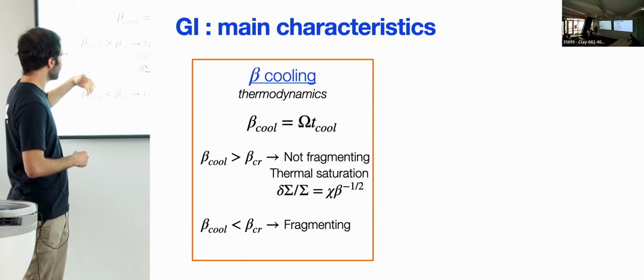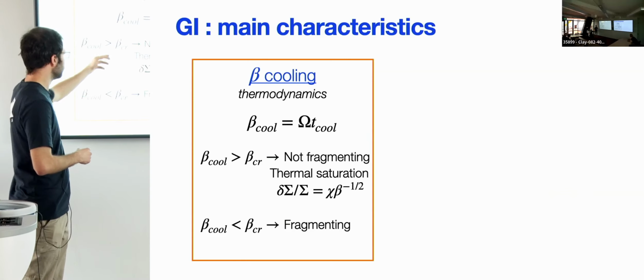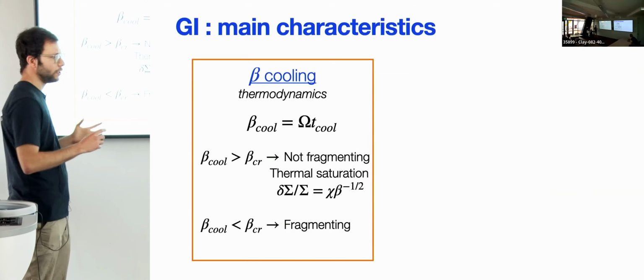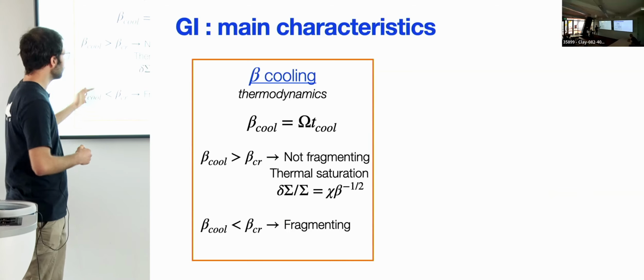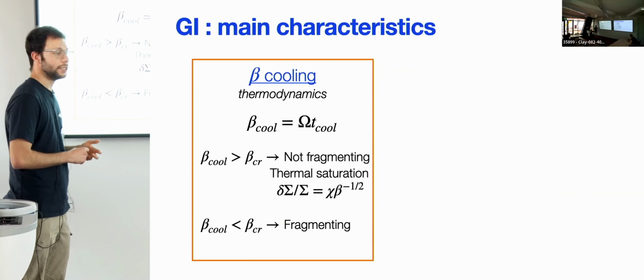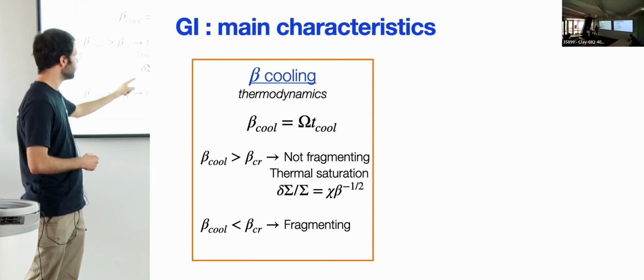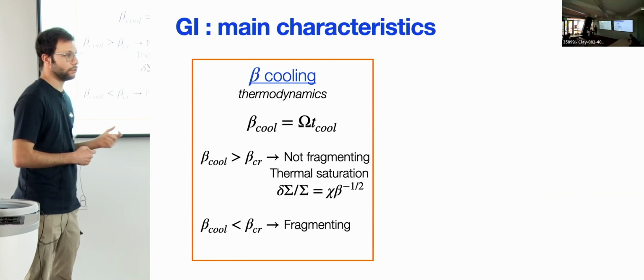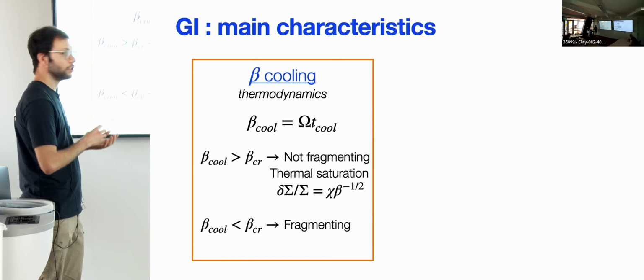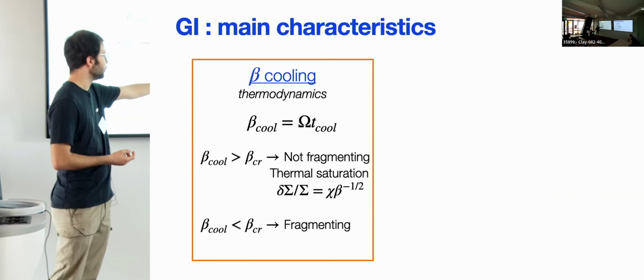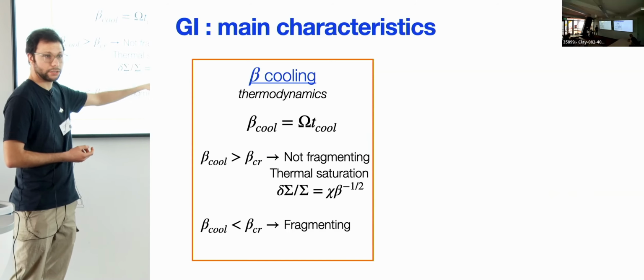When the beta cooling is higher compared to the critical value, it means that the cooling is slow, and so the system is not fragmenting, and it is in a thermal saturation regime, the one I was discussing before. And in this regime, the delta sigma over sigma, so the amplitude of the spiral, is directly related to beta with this relationship.